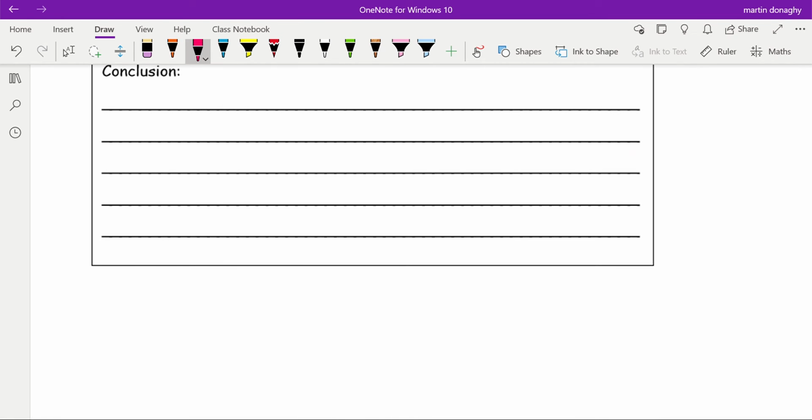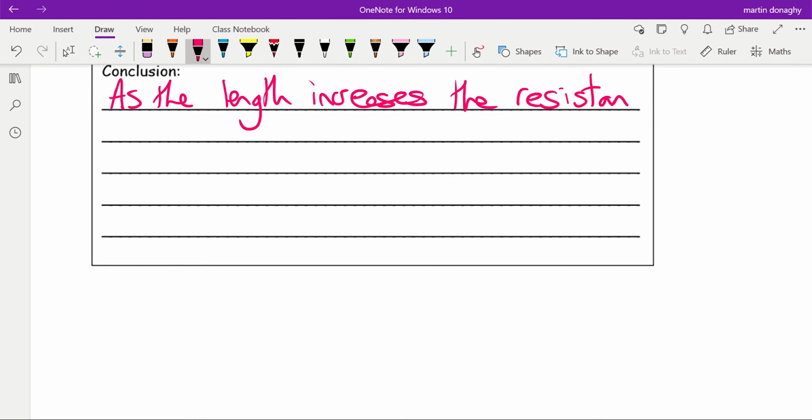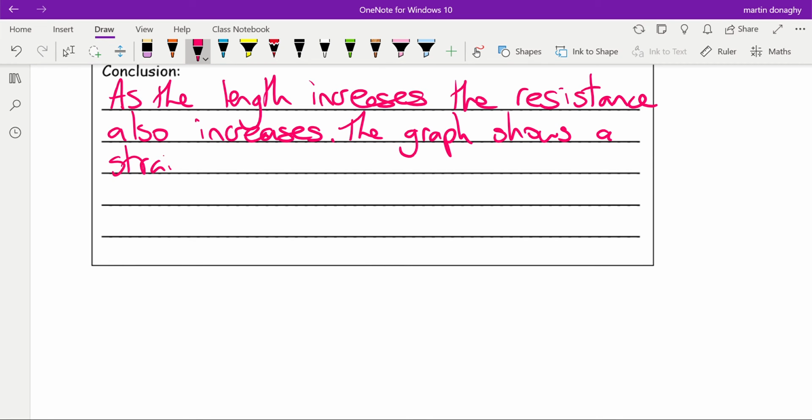As the length increases, the resistance also increases. And then we can add to that: the graph shows a straight line through the origin.